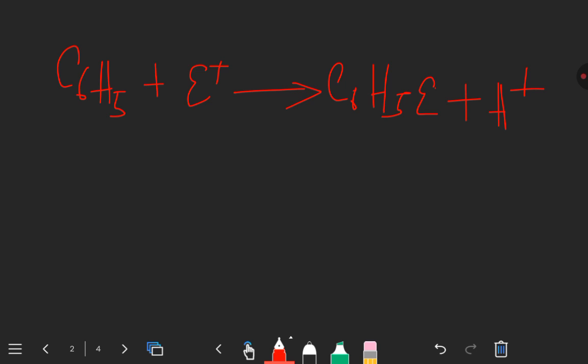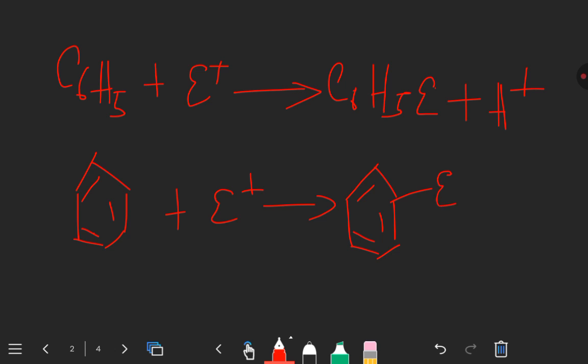In that case, the aromatic stability of this benzene ring will now be restored. So if we write it using structures, we have benzene plus an electrophile, forming the benzene ring attached to the electrophile. This is basically the reaction we are talking about, electrophilic substitution of benzene.